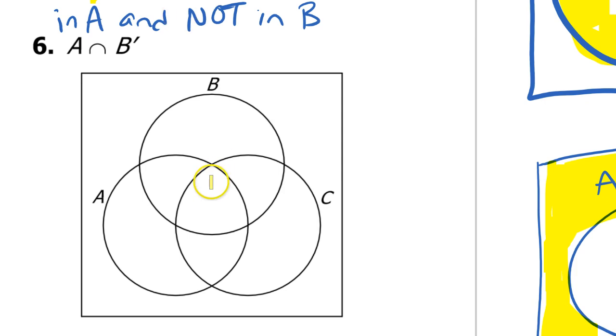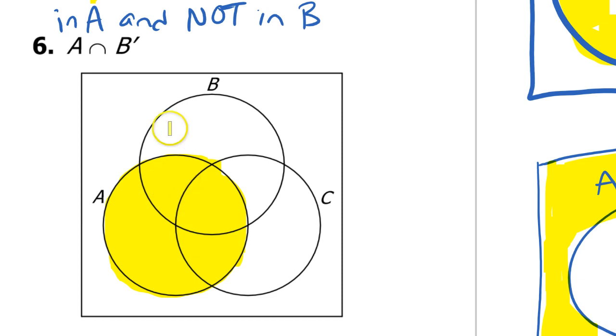Well, let's start with what's in A. So here is a shading of everything that is in A. It's like this. Okay, now, what part of this is not in B?